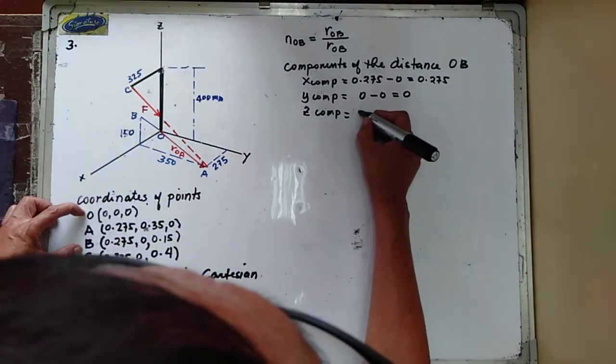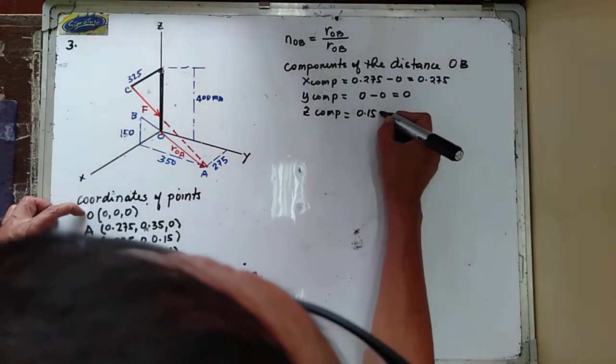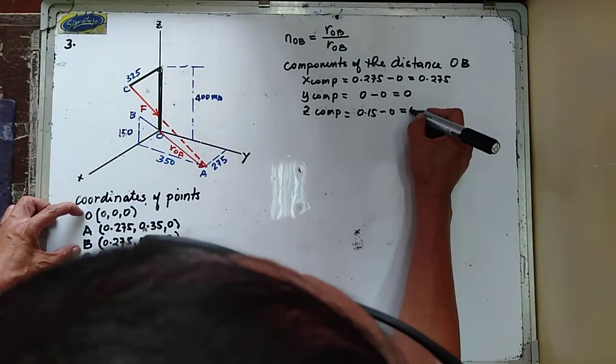And then we have 0.15 minus 0, so we have 0.15.